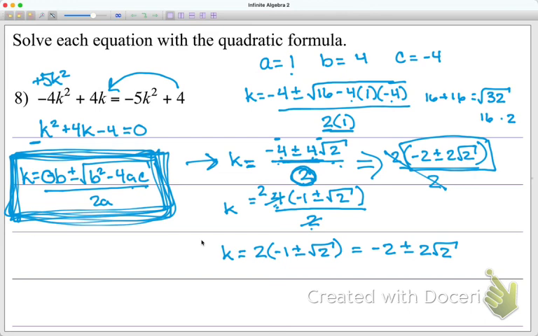So today, all you're doing is quadratic formula. Tomorrow, you're going to have a worksheet where, if you can factor, you factor. If you can't factor, then you do the quadratic formula. I will get that worksheet ready.